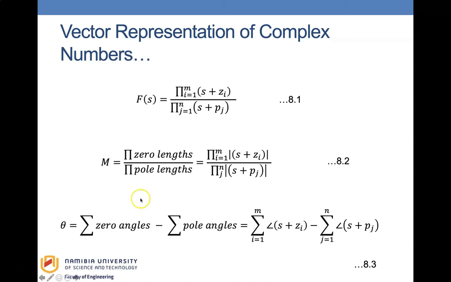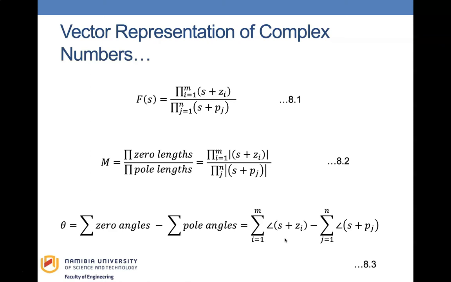Similarly, the length of a pole, s plus p subscript j, is the magnitude of the vector drawn from the pole of f of s at minus p subscript j to the point s. Then the angle theta of f of s at any point s is given by equation 8.3, where an angle subtended by a 0 is measured from the positive extension of the real axis to a vector drawn from the 0 of f of s at minus z subscript i to the point s.